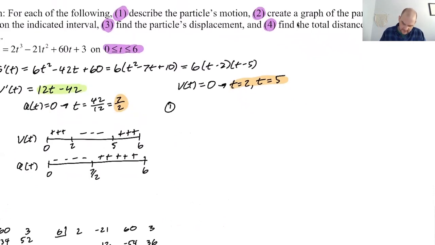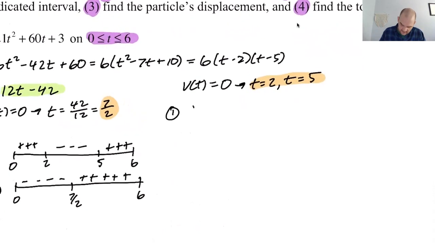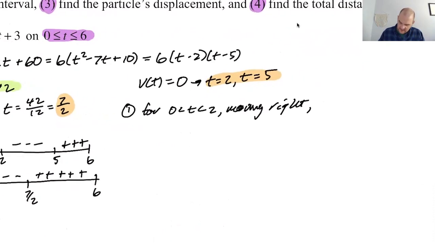So for t between 0 and 2, moving right, and then I'm going to say speed is decreasing, and then give a reason.